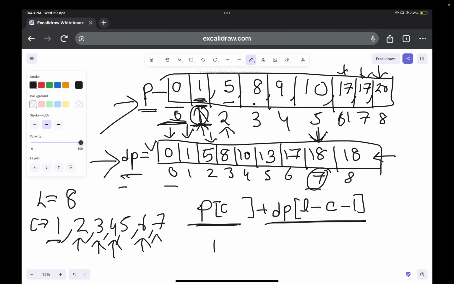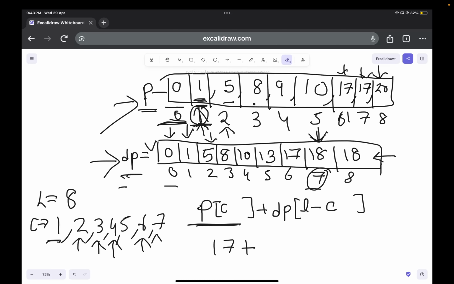While cutting 6, 8 minus 6 is 2. dp of 2. So I think minus 1 will not be added. Then only we are getting the answer as 5.